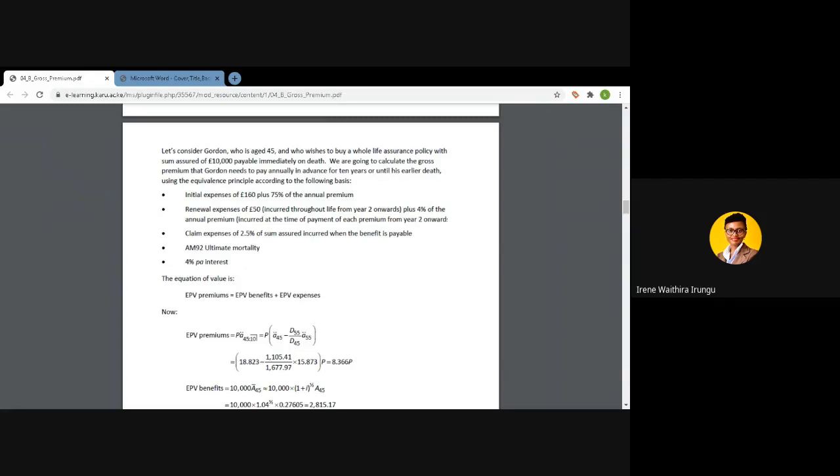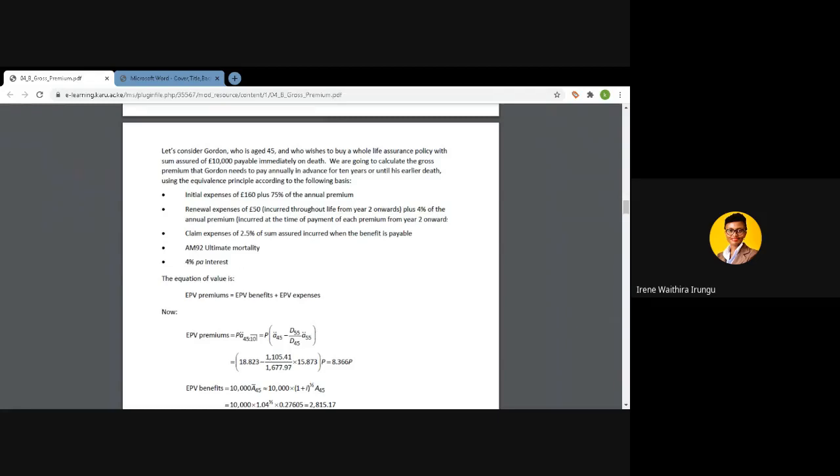So in this case, we want to look at the amount of premium that Gordon will pay within this 10 years first. And then the basis. So the basis provides us with more information. It provides us with the mortality table we're going to use, what we refer to as the mortality basis.